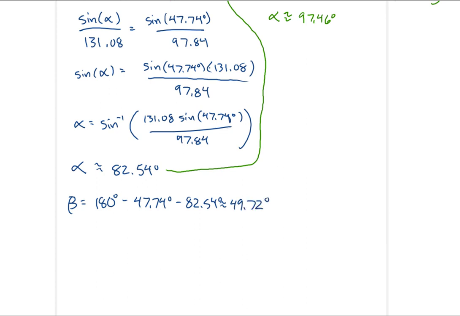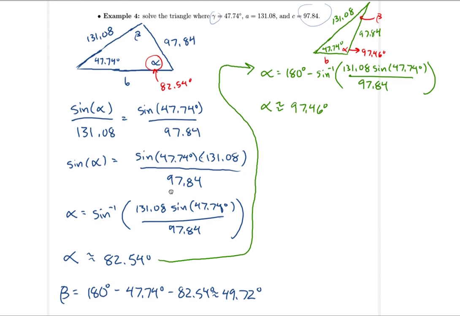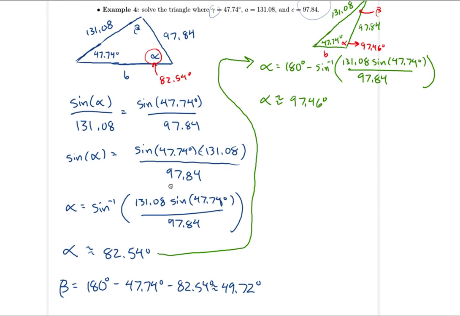And if I go back up to my picture, do I believe that my beta is in fact 49.72 degrees? Well, honestly, it doesn't look very much like it. But let's really think about this for a second.